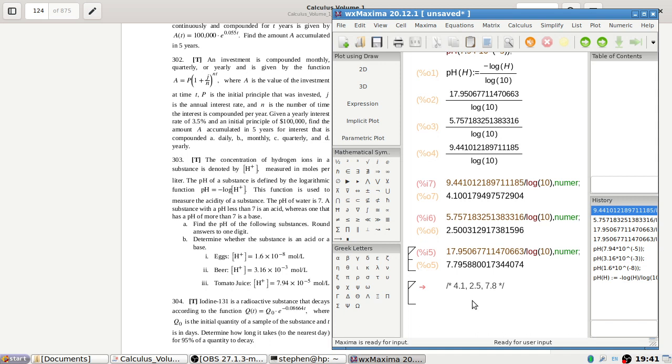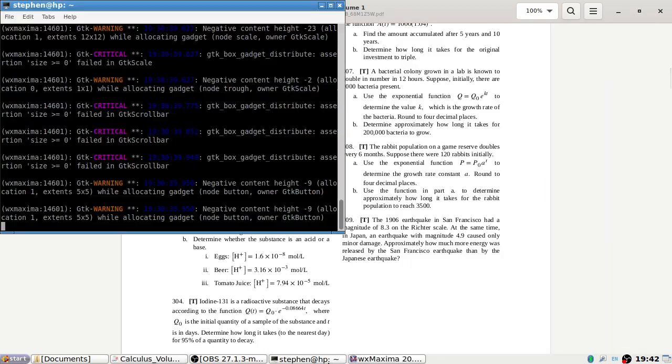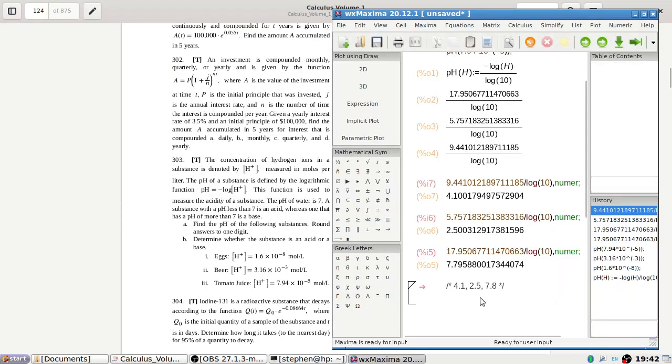3. Oh, 3. 8, 3, and 4. Oh, it didn't say one decimal place, did it? To one digit. That's a bit sneaky. 8, 3, and 4.